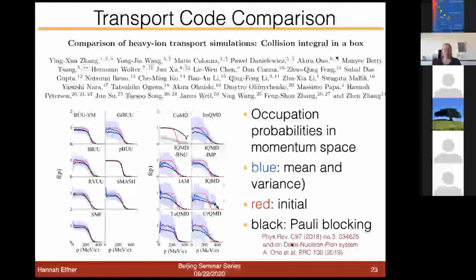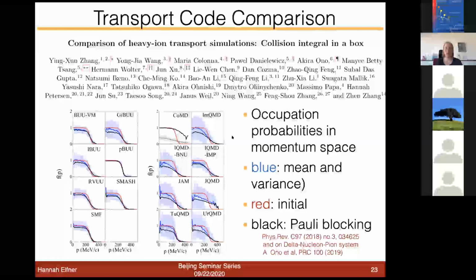And that was basically just really looking into all the details that you have in these transport approaches and comparing how they are performing with respect to each other and identifying how the codes look like. And yeah, so this is for me also part of the validation effort.